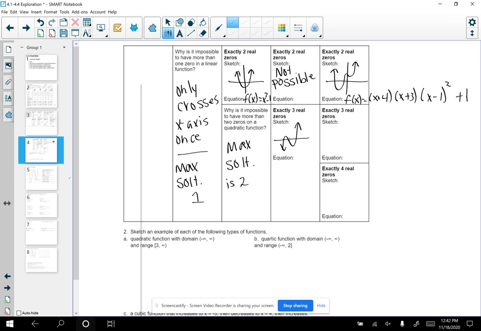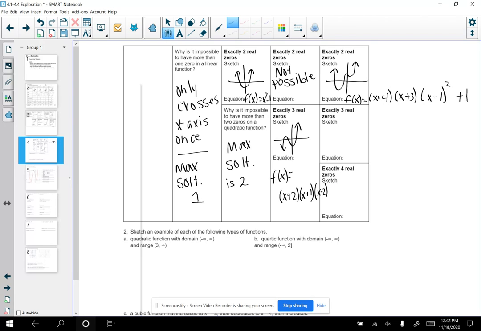And there we have 1, 2, 3 real zeros. And really, any x-intercept would be just fine. I'm going to go ahead and use x plus 2, x plus 1, and x minus 2, which would make our x-intercepts negative 2, negative 1, and positive 2.